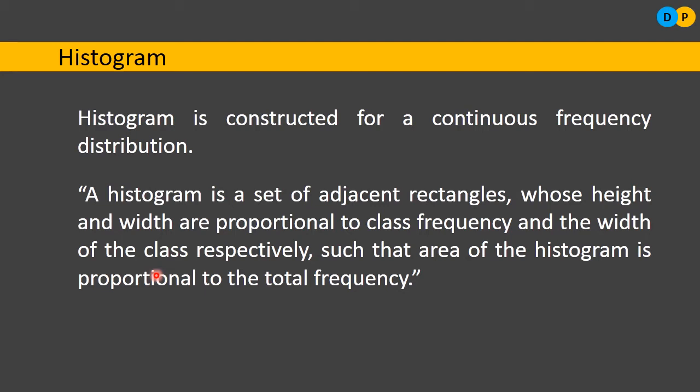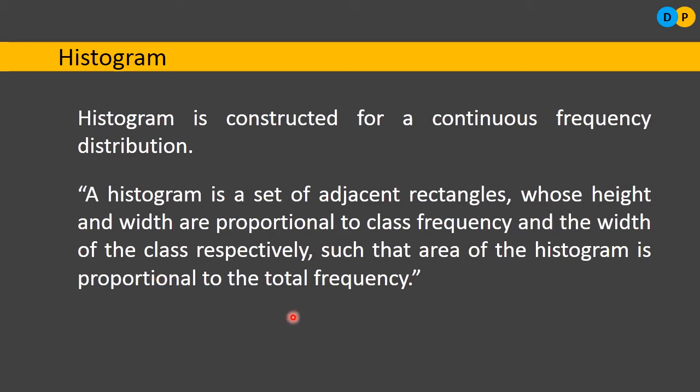When we started with the bar diagram, all rectangles were of equal width. But now in a histogram, there may be a change in the width of each rectangular bar. It all depends upon the class width.